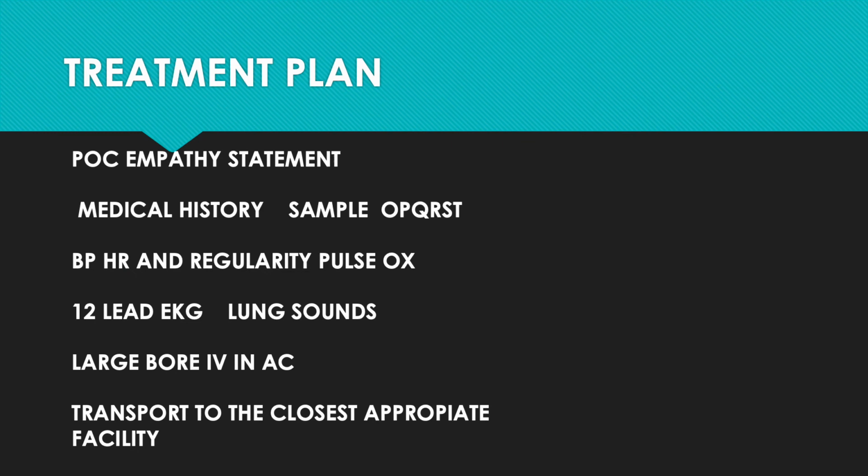Treatment plan is going to be the same as all the other treatment, really. What these people need is a surgeon, not a paramedic or an EMT. So the position of comfort and empathy statement, getting a good history, getting baseline vitals. If you see something that needs to be treated or addressed, go ahead and do that.